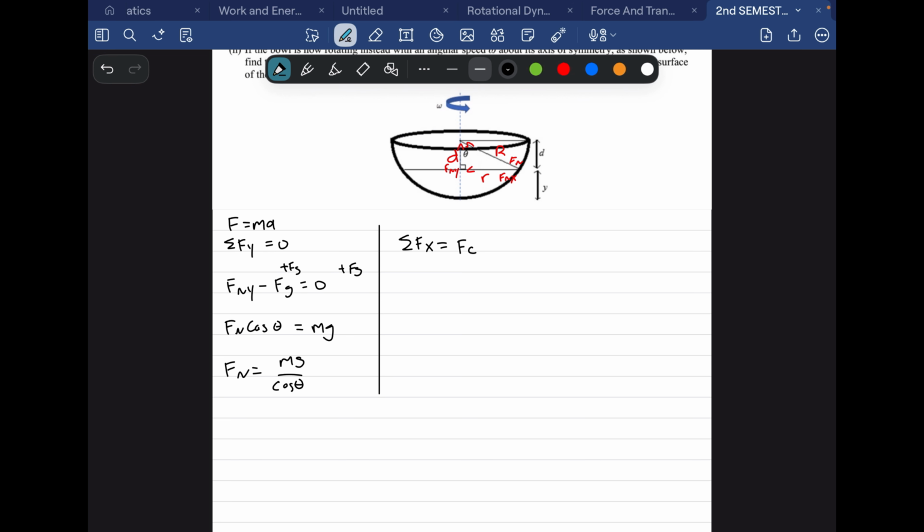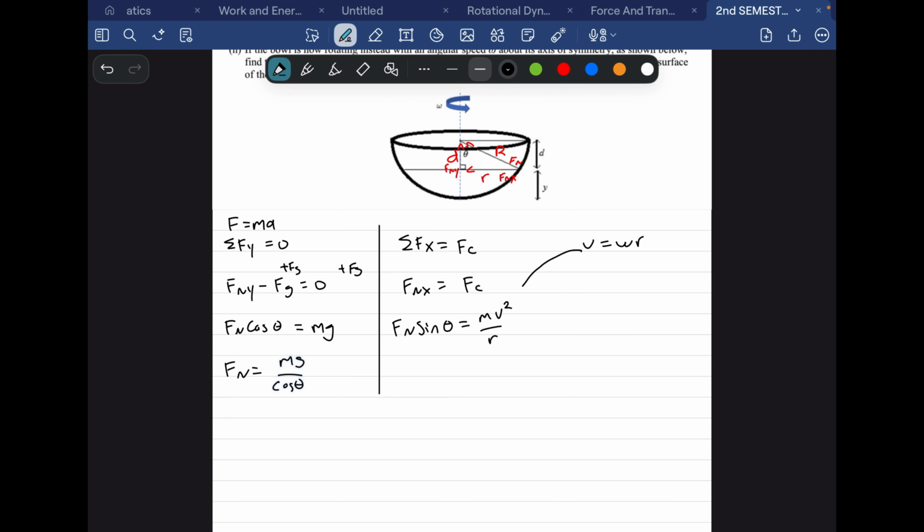And the only force in the horizontal is Fnx. So Fnx is equal to Fc. So Fnx is opposite, so that's sine. It's equal to mv squared over r, or lowercase r, right? Radius of the circle.